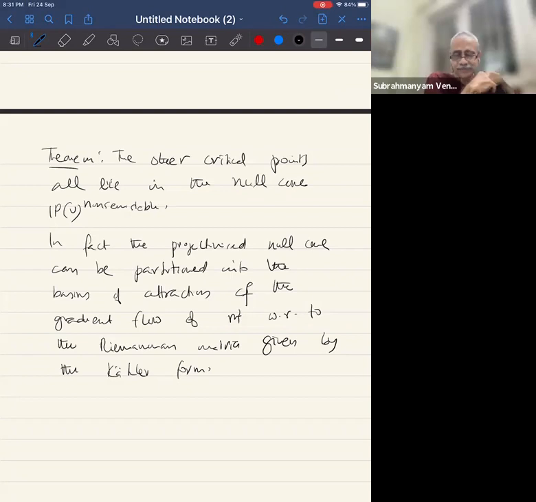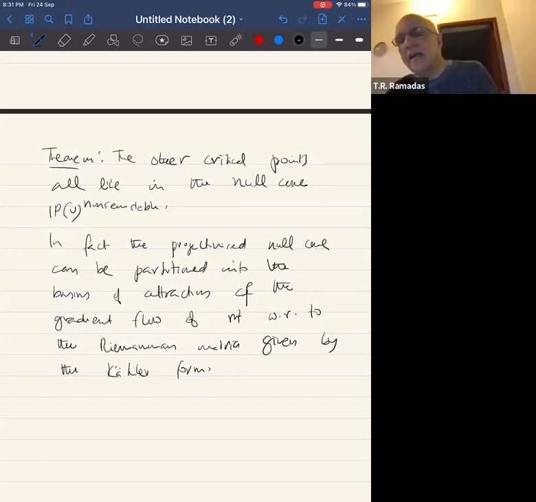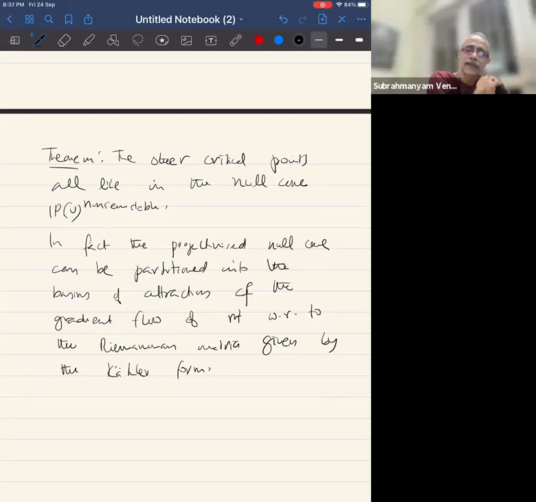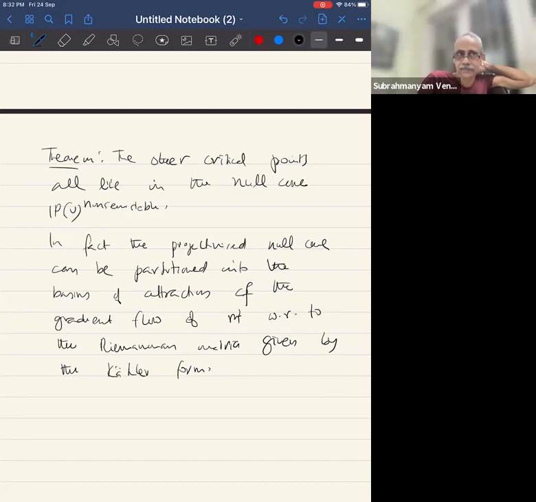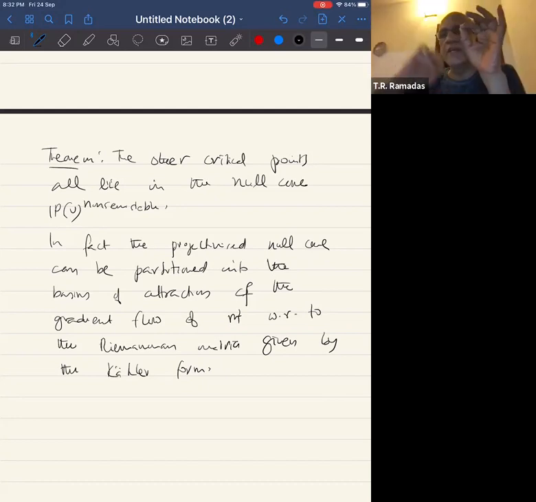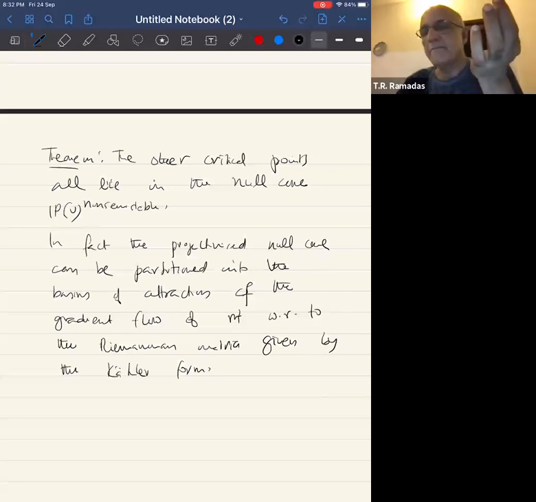Correct. And you're saying those critical points, if the value of m on them is non-zero, then they really correspond to points in the null cone. Then you can associate to each of these critical points all the points that flow to that critical point. If you divide up the null cone into various basins of attraction, associated to every critical point is a so-called basin of attraction, meaning the points that flow towards it.